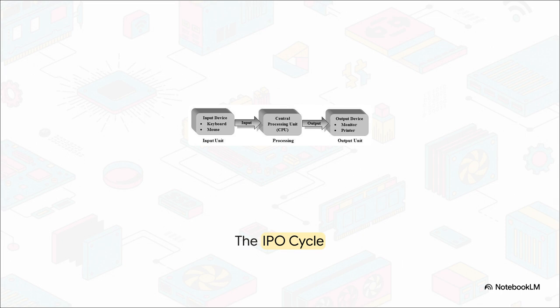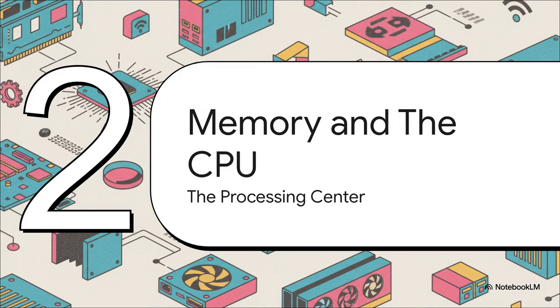Data flows in from input devices on the left, like your keyboard or your mouse. Then it travels into the central processing unit right in the middle to be processed. And finally, the results flow out to the output devices on the right, like your monitor or printer. So whenever you're diagnosing a tricky system failure, your very first question should always be, where exactly in this cycle is the breakdown happening?